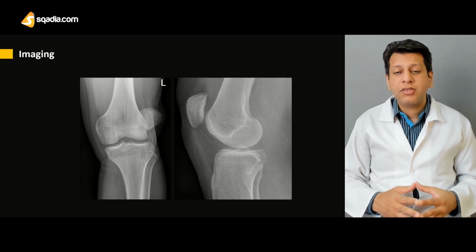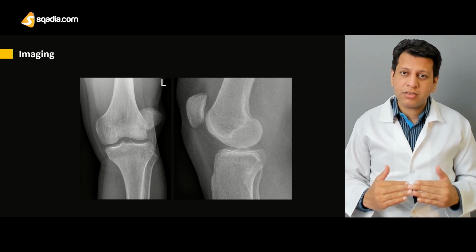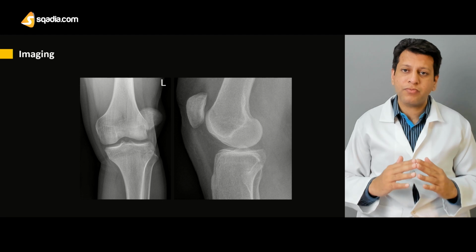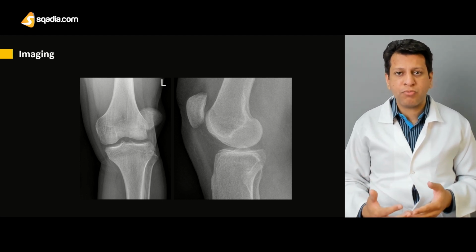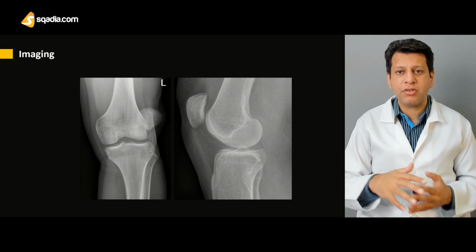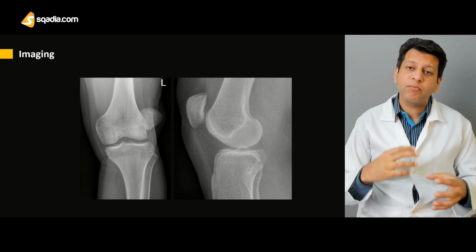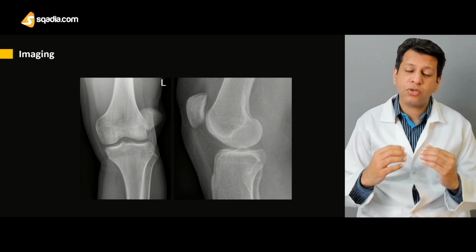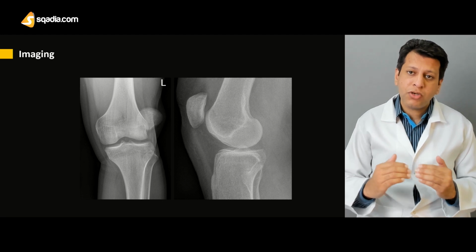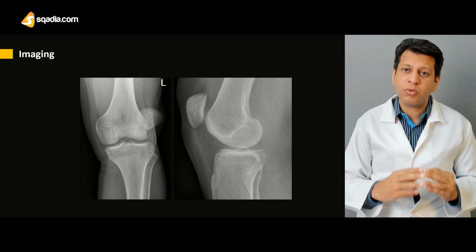And these are the standard views, but with patella you need to get another view called the sunrise view or Merchant view, in which the knee is flexed at certain degrees and the cassette is placed in the popliteal fossa, and the beam is striking the knee or patella at a 30-degree angle. In this, what we are looking at is the situation of the patella in the trochlear groove. There may be trochlear groove dysplasia or hypoplasia present.